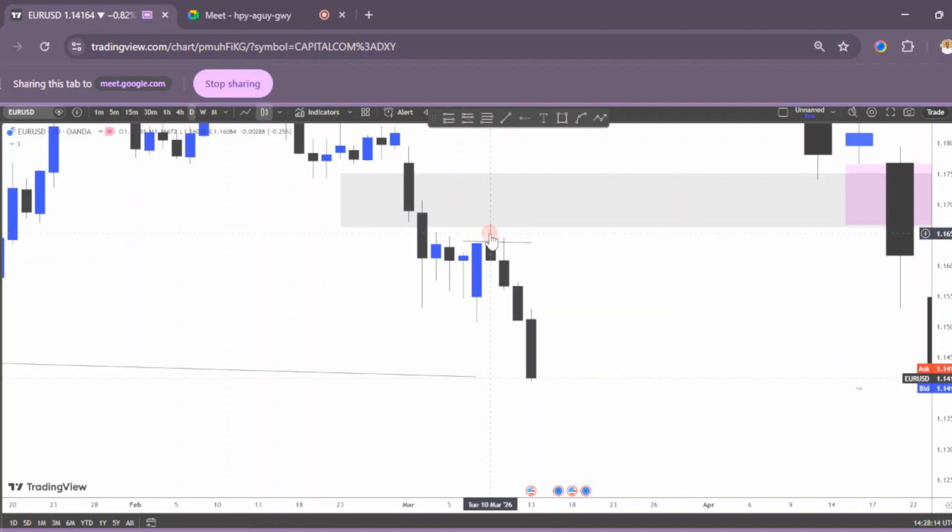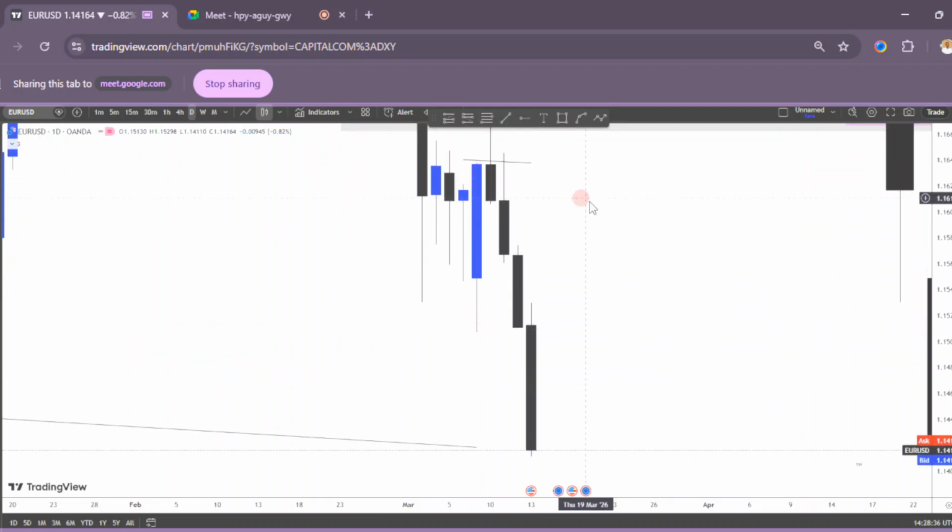On Tuesday here, 10th of March, we had a C2. We call this a C2 because it is a middle candlestick that forms a swing high. This is a swing high that was formed after manipulating or taking out these highs here. You also realize it was formed from this.